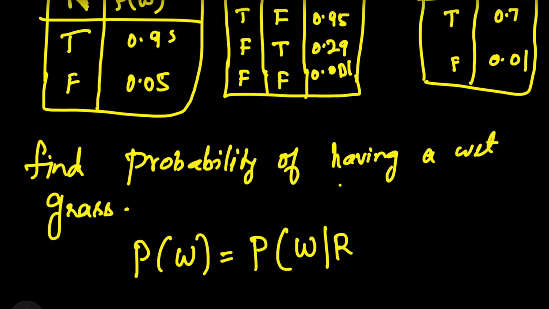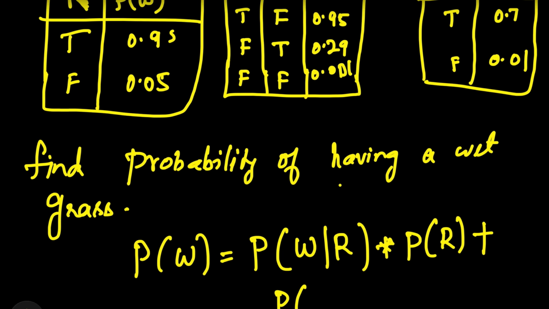We have both conditions, rain equals true as well as rain equals false. So we have the probability of rain, and the probability of wet grass given negation of R, or we can even write it as the probability of wet grass given negation of R times the probability of negation of R.